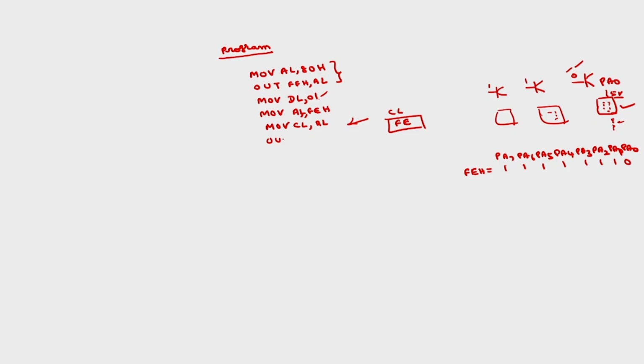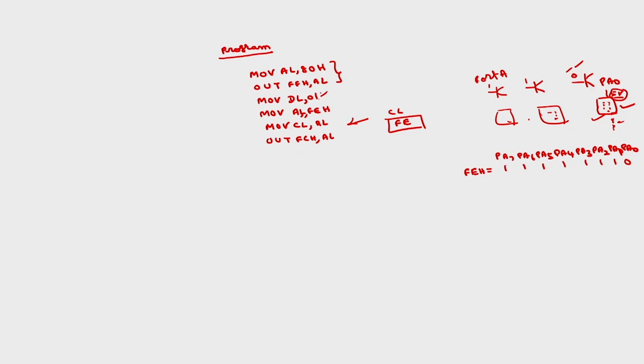Then OUT: because this is connected to port A, the address of port A is FCH, comma AL. With this instruction, only this particular common pin of this display will be 5 volts, the remaining displays will be disabled.